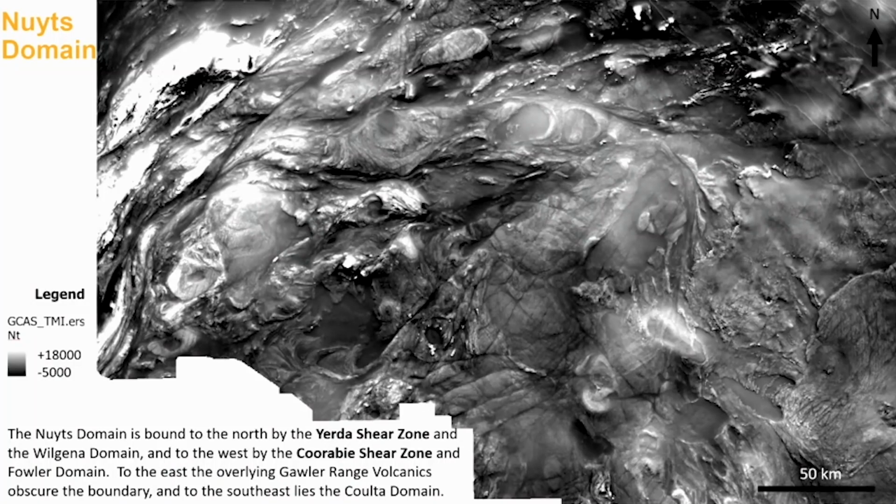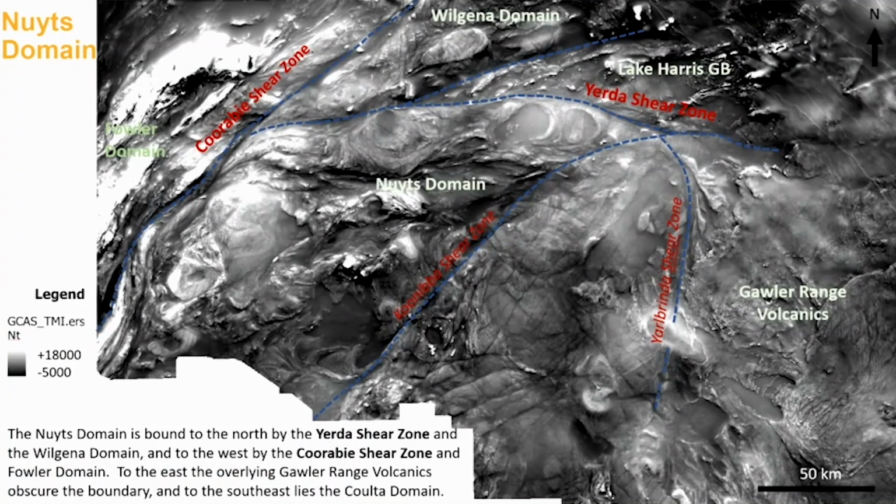Zooming into the Nuyts Domain, we can make out the main structural elements that bound that domain. To the north, there is the major crustal scale shear zone, the Yarlbrinda Shear Zone, separating the Lake Harris greenstone belt and the Archean rocks of the Wilgina Domain from the Paleo to Mesoproterozoic rocks of the Nuyts Domain.